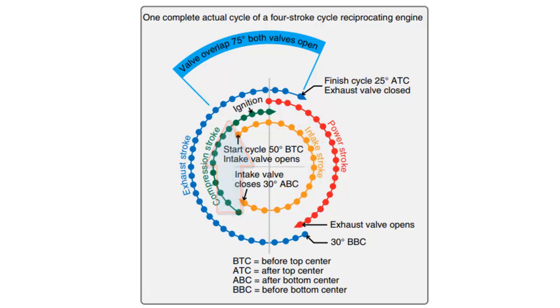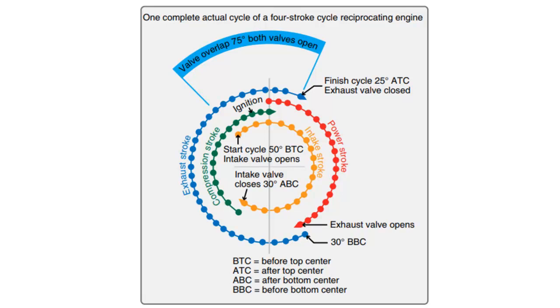And so the intake valve opens while the piston is still moving slightly up in the cylinder. And that's because the departing exhaust gases, which just happened, have a velocity and a momentum of their own, and they in themselves will draw the new charge in behind them, even though the piston is still moving towards the top of the cylinder.